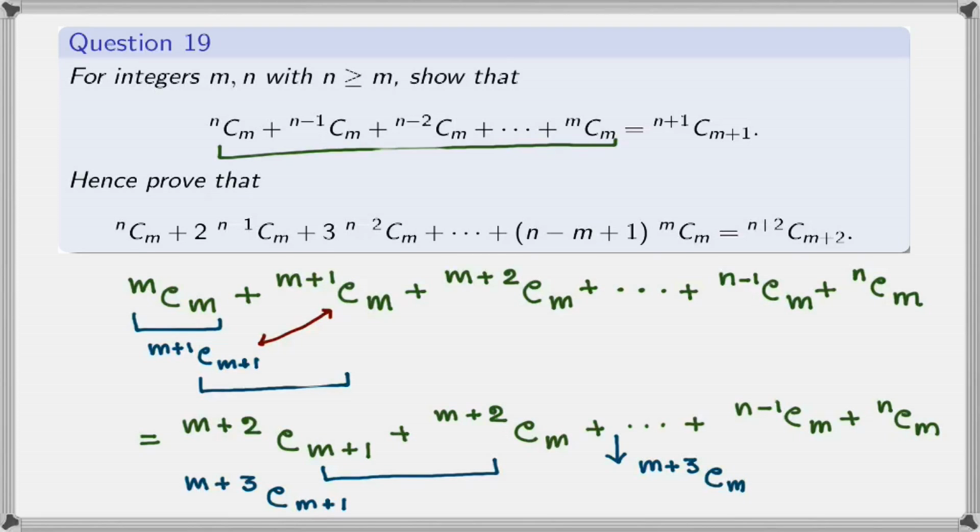So if we keep on repeating this process, we get this whole expression is equal to (n minus 1)C(m plus 1) plus (n minus 1)Cm plus nCm.